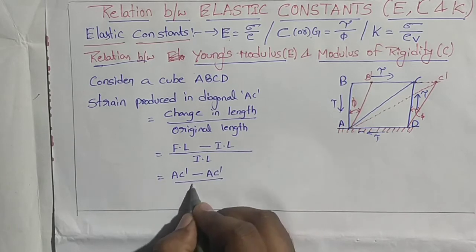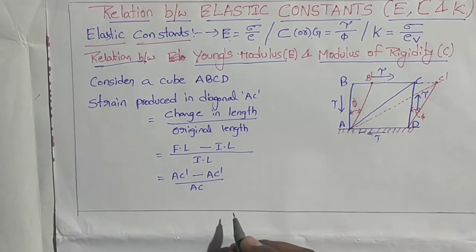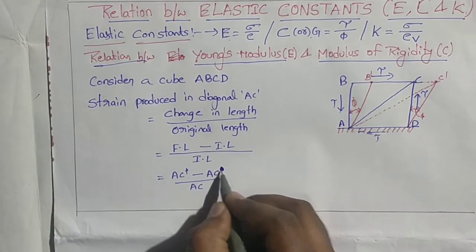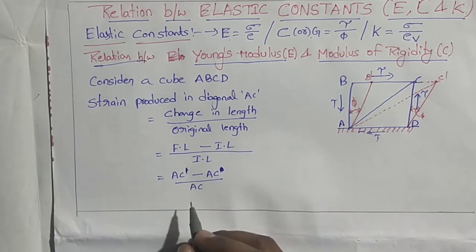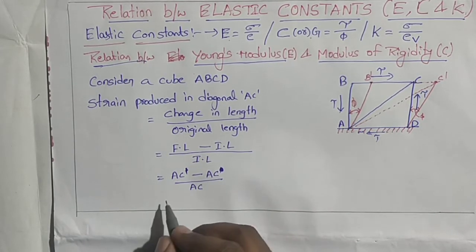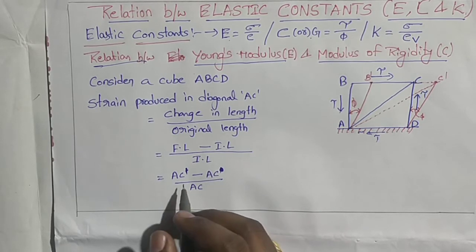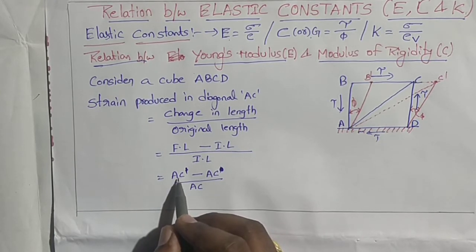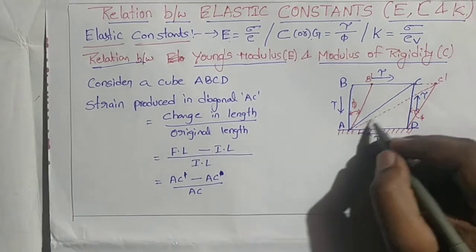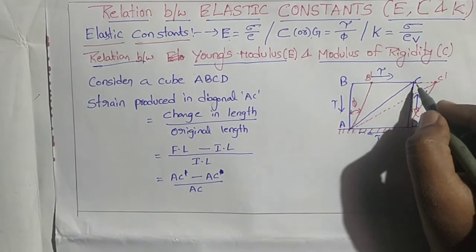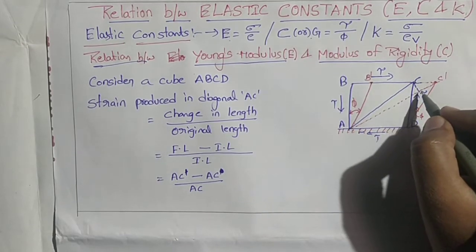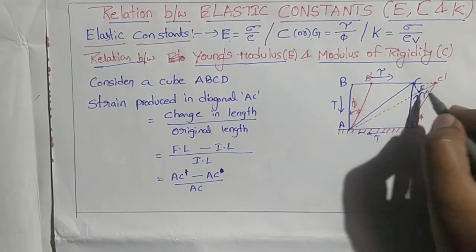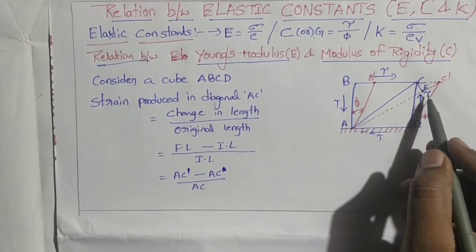So the strain produced in the diagonal AC is AC dash minus AC by AC. Now we need to find AC dash. For that I draw a perpendicular from C dash onto the diagonal; this point is known as E.